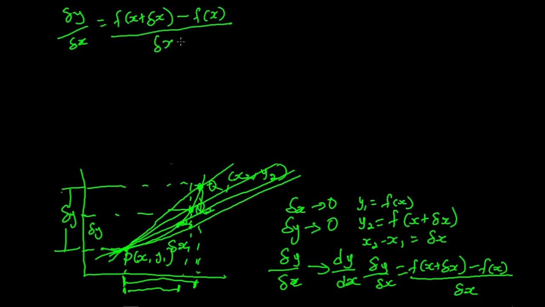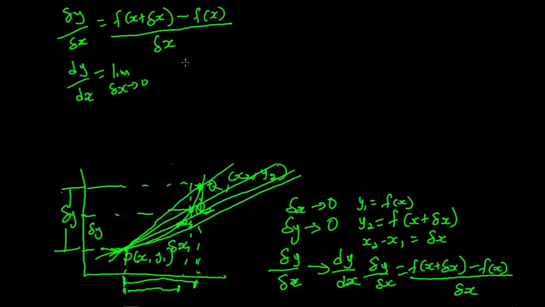all over delta x. From this graph, we see that as delta x approaches 0, delta y also approaches 0, and delta y over delta x approaches dy over dx. That means as delta x is approaching 0, which can be written as limit as delta x approaches 0, delta y over delta x is approaching dy over dx.